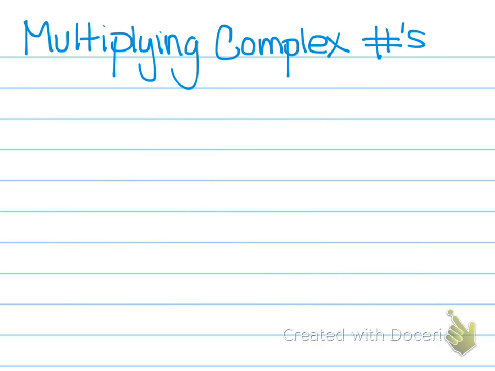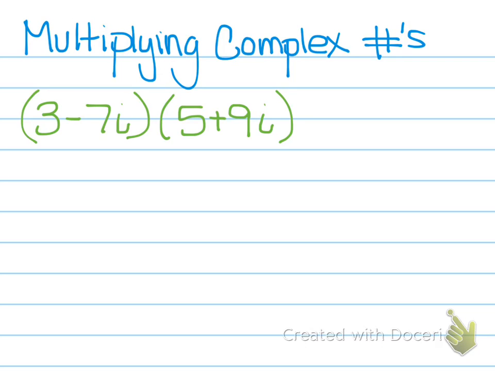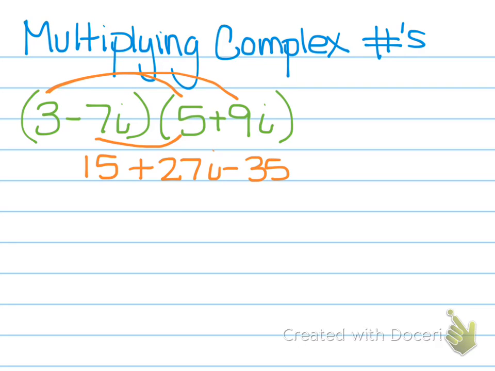We can also multiply complex numbers. So if I had 3 minus 7i times 5 plus 9i, just like if it were an x, we're going to double distribute or FOIL. 3 times 5 is 15. 3 times 9 is 27i. -7i times 5 is -35i.